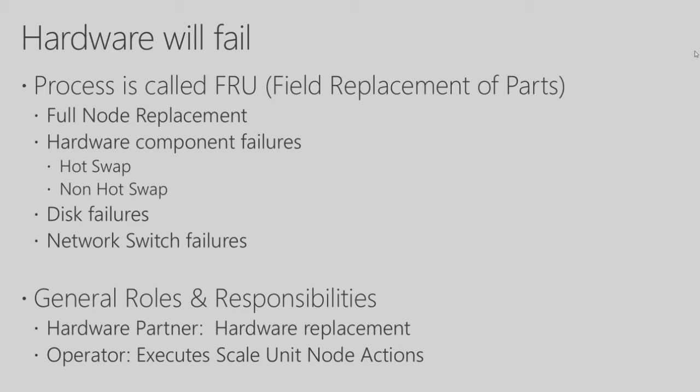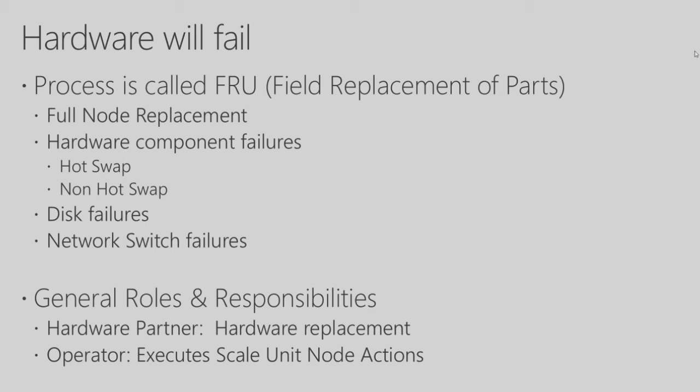A full node replacement, and hardware component failures, where we divide into hot swappable components and non-hot swappable components. You will have disk failures and network switch failures. Those are the four major scenarios that we address as part of field replacement of parts.